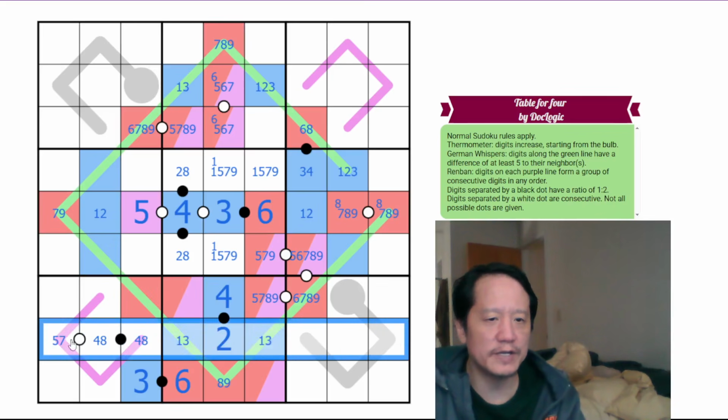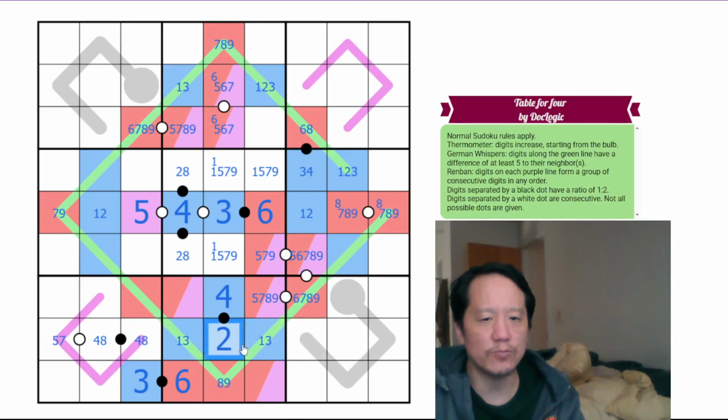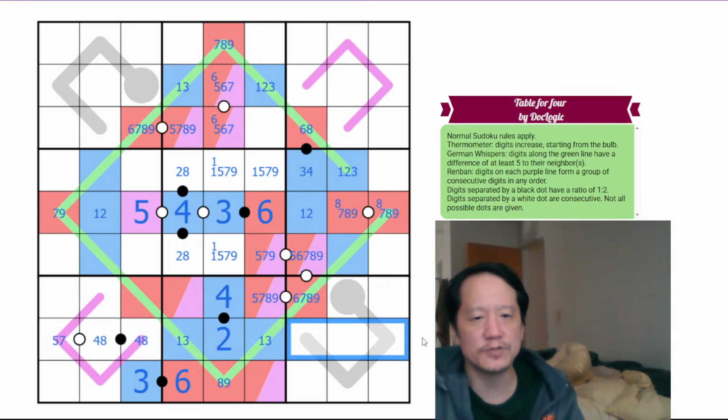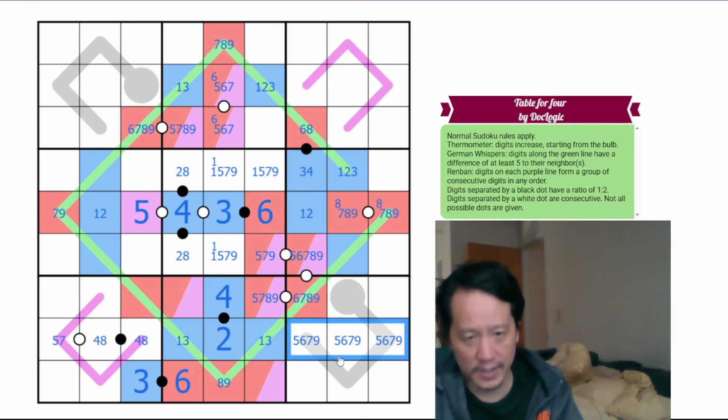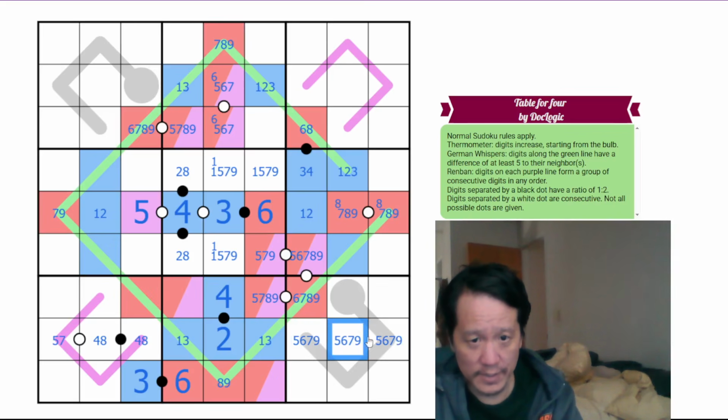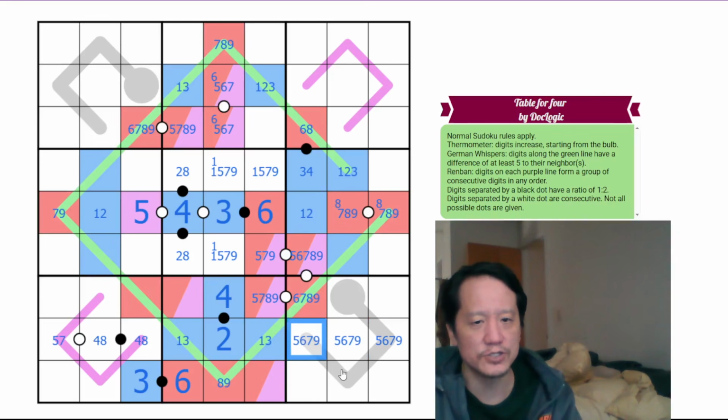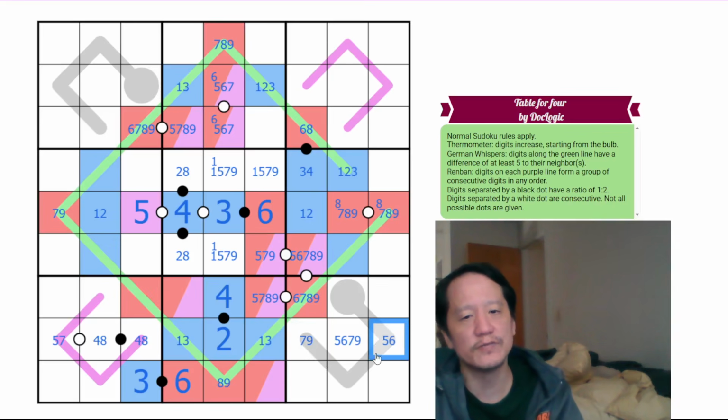That means the remaining digits in row 8 cannot be 1, 2, 3, 4, and 8, so this must be 5, 6, 7, or 9. That means this digit is 2 smaller at least than that digit. So this cannot be 5 or 6. This can't be 7 or... This could be 7 here. We could have 7, 9 there.